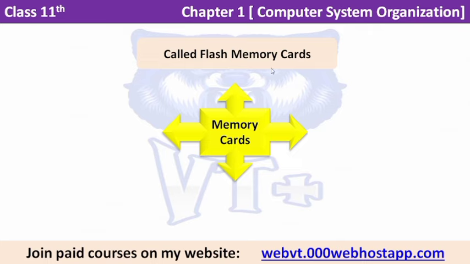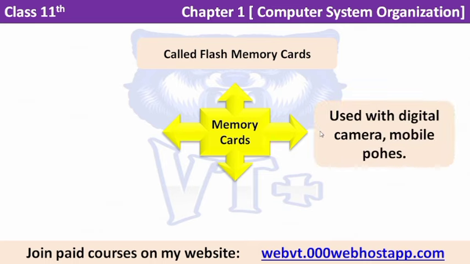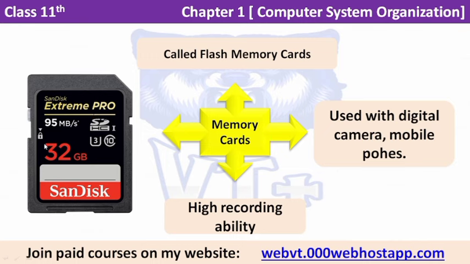It is also called a flash memory card, and is used with digital cameras, mobile phones, music players, video game consoles, etc. They offer high recording ability with power-free storage. Memory cards come with storage capacities of 8 GB, 16 GB, 32 GB, 64 GB, and 128 GB, etc. And these are the important secondary memory devices.